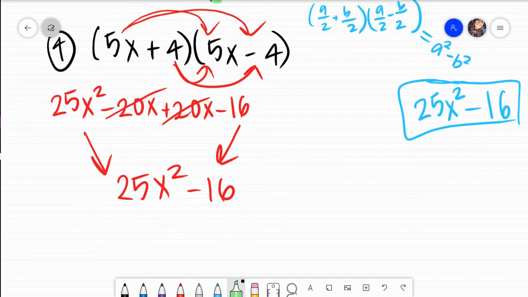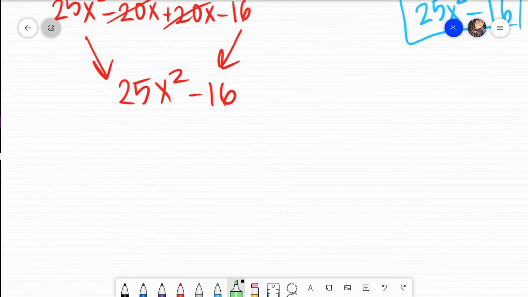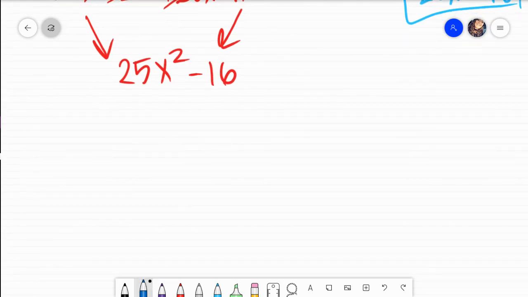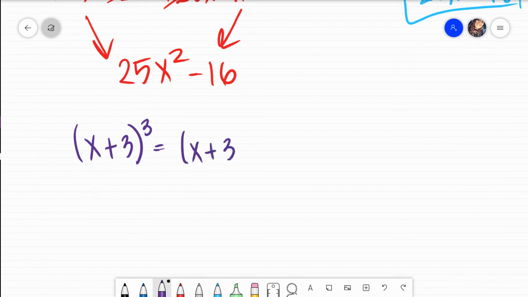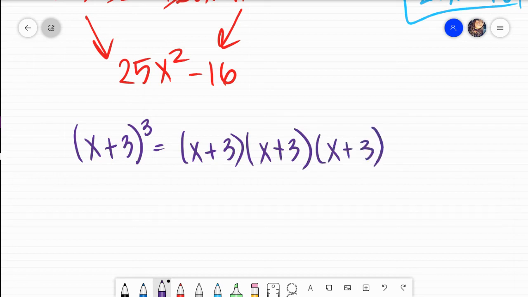If you have a factor that's being cubed, I will do one like that really quick, okay? Say we have x plus 3 cubed. This is 1, 2, 3. What you do is you multiply them all.